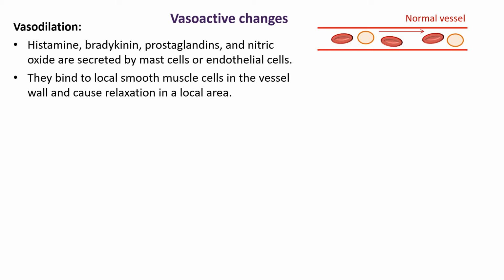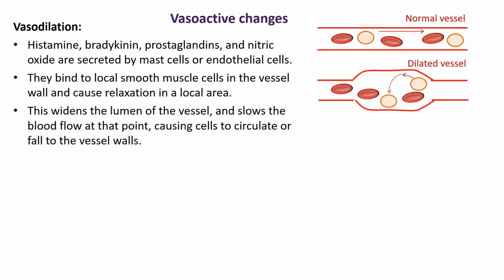They bind to the local smooth muscle cells, remember, in the tunica media of the vessel, and cause relaxation in these smooth muscle cells within that area. When they relax, of course, the lumen is going to get bigger. So it widens the lumen of the vessel in a local area.